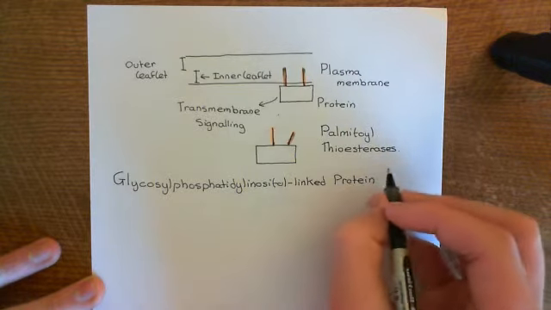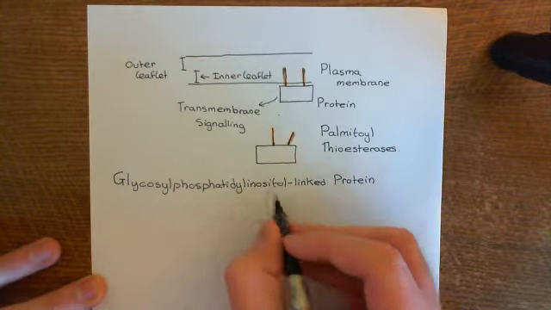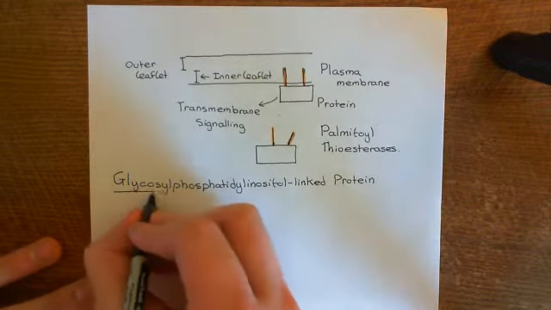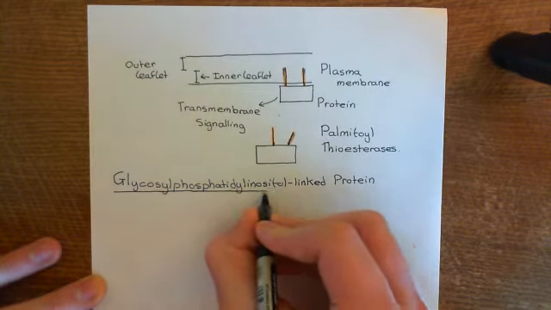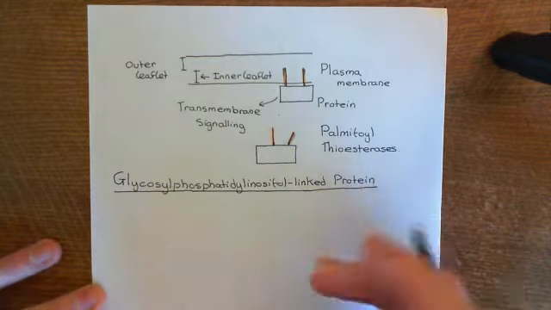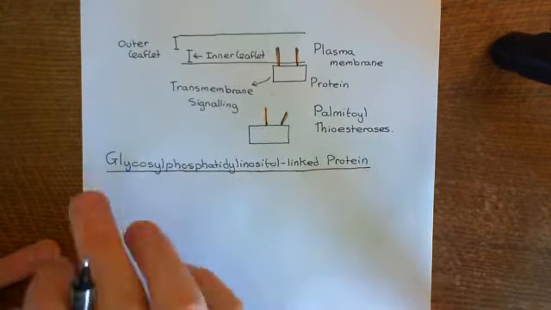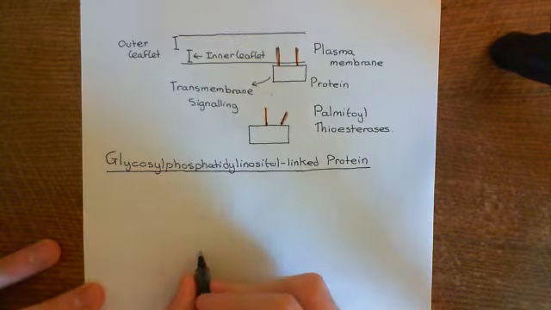Then we will extend that up to a glycosyl phosphatidyl inositol molecule, and then finally we'll see how this allows you to attach a protein to the glycosyl phosphatidyl inositol molecule, and then anchor that protein at the plasma membrane. Glycosyl phosphatidyl inositol anchors proteins on the outer leaflet of the phospholipid bilayer.